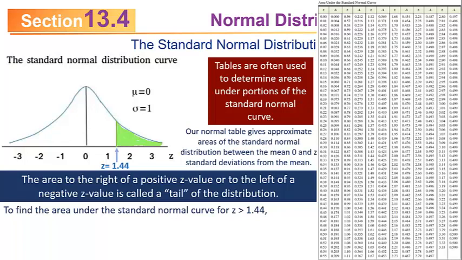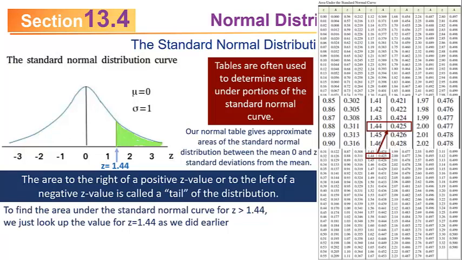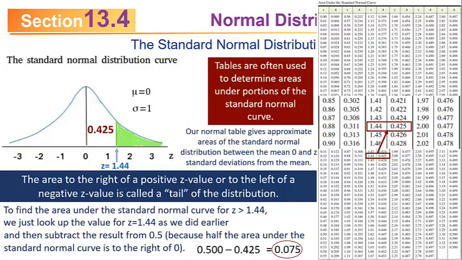It gives you the area from 0 to z. But that 0.425 can still be labeled on that graph from 0 to 1.44, and I know because of symmetry that the area from 0 all the way to the far right is going to be a half. I'll find out by subtraction that the area I'm looking for is actually 0.075.